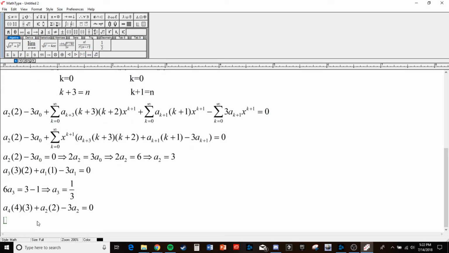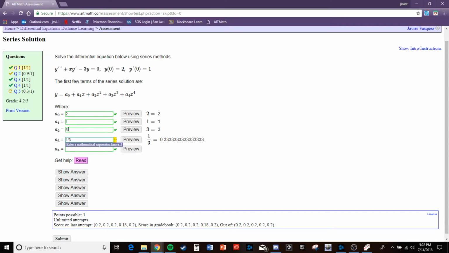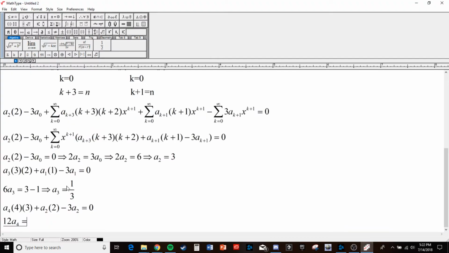And then after that, it's just the same process as before. 4 times 3 is going to be 12. A sub 4 equals a sub 2, which is 3. So 3 times 2 is going to give me 6, negative 6, plus 9.